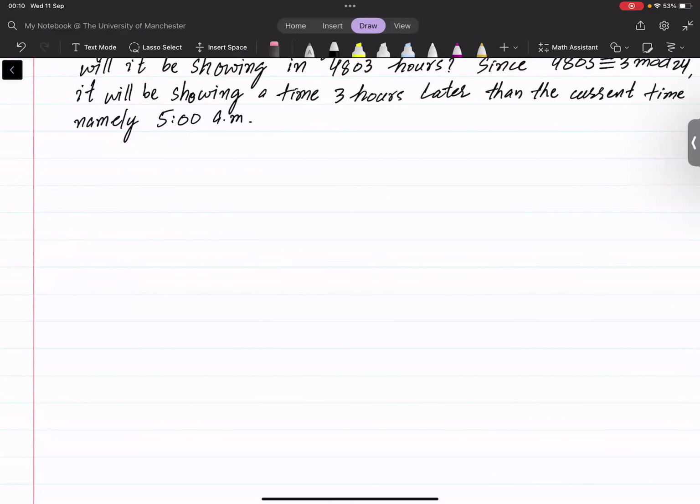Now the next result will be quite useful for our later work involving manipulation of congruence. So proposition 13.2 says that let m be a positive integer.